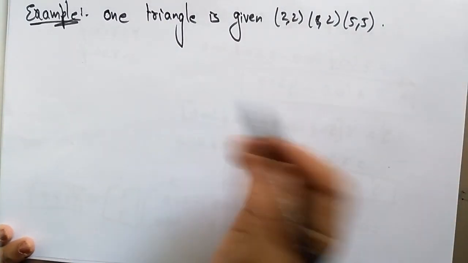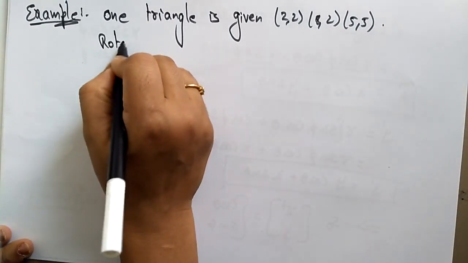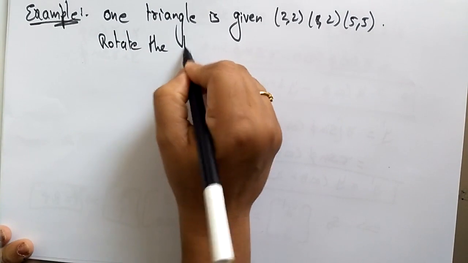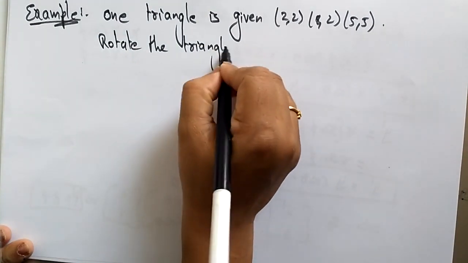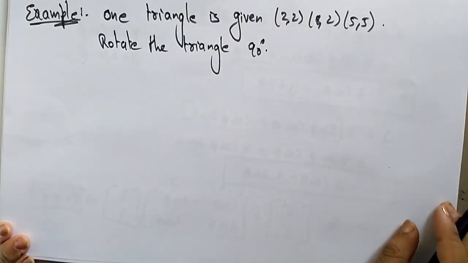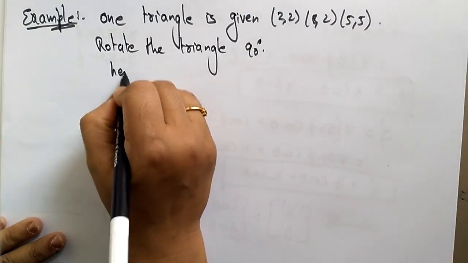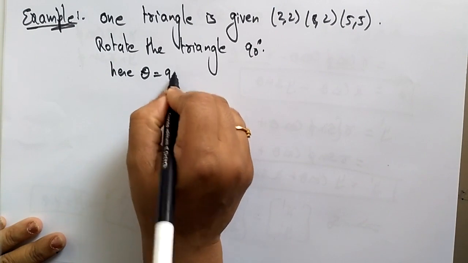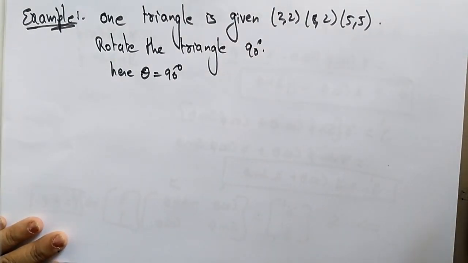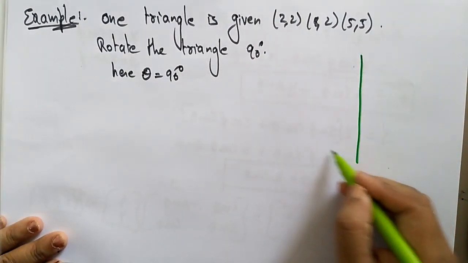So rotate the triangle by 90 degrees. They are asking to rotate the triangle by 90 degrees, so here theta is nothing but 90 degrees. So what is the original triangle they have given? The original one.